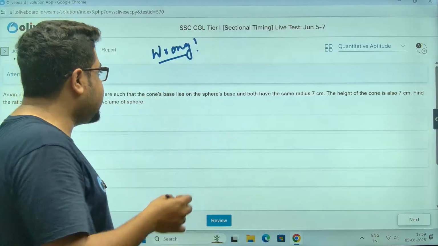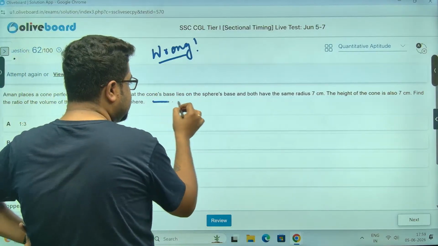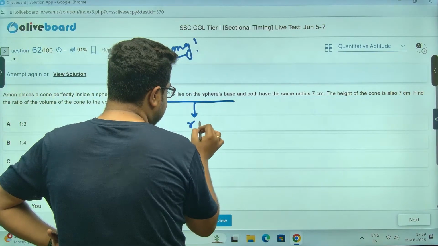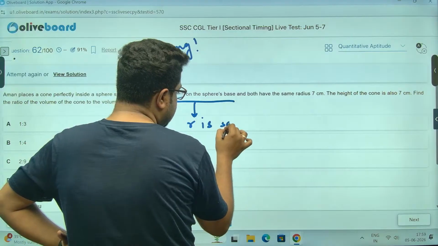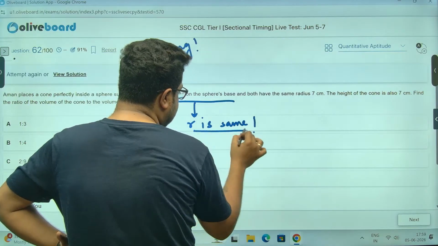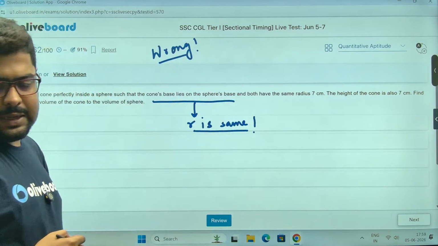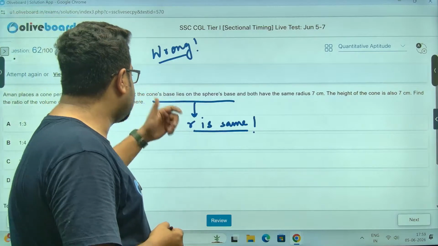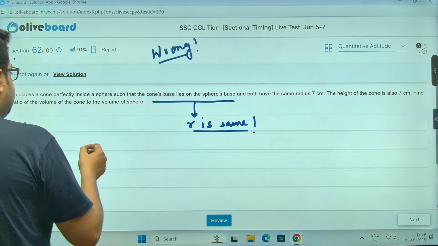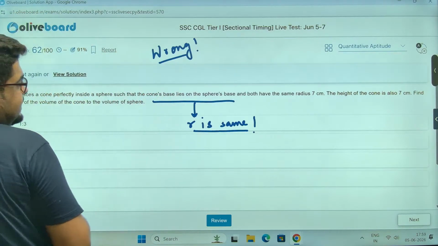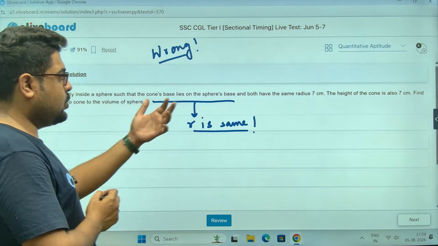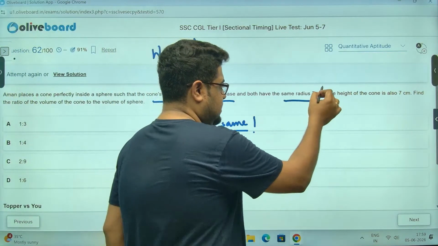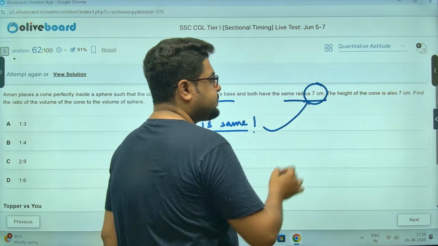What they are trying to say, most probably, I'm not 100% sure, is that their R is the same. That's the only meaning I can get out of this statement: that the radius is the same for both the cone and the sphere. And perfectly inside. It's given also that R is 7.